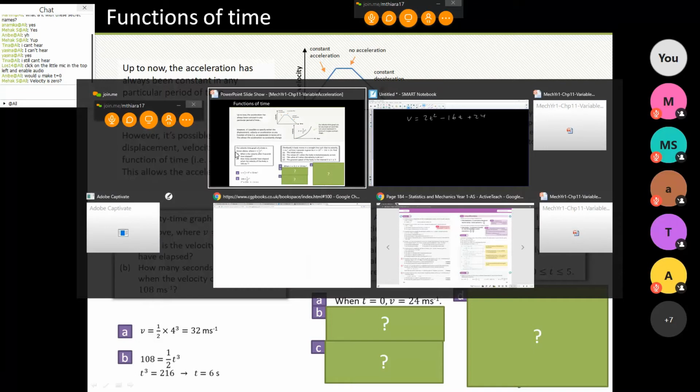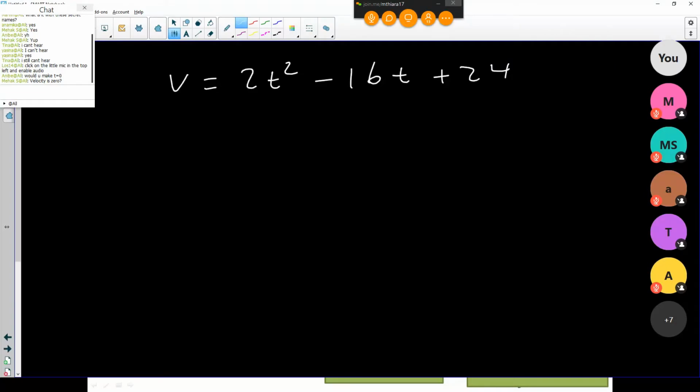Right, that's good, Mehek. Yeah, velocity is 0. So now all I'm going to do is replace velocity with 0, and I'm going to solve this quadratic, and I'm going to get a couple of values for t.